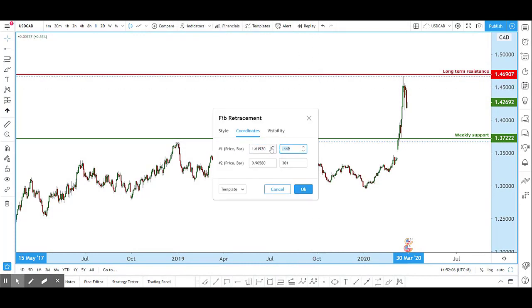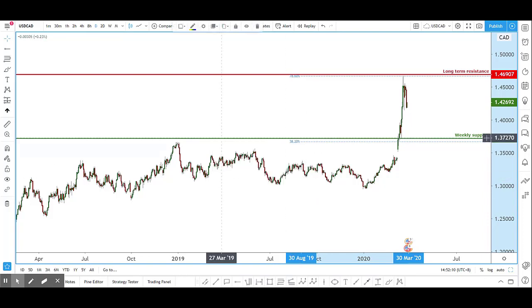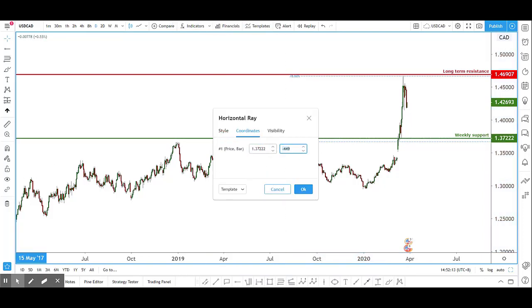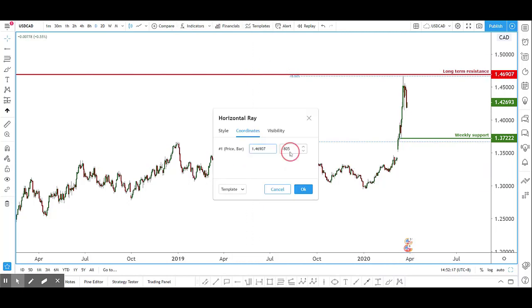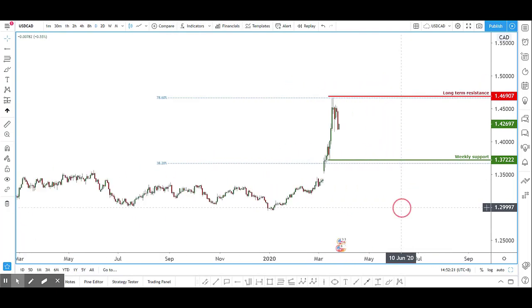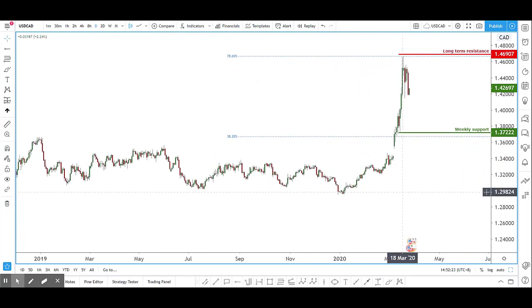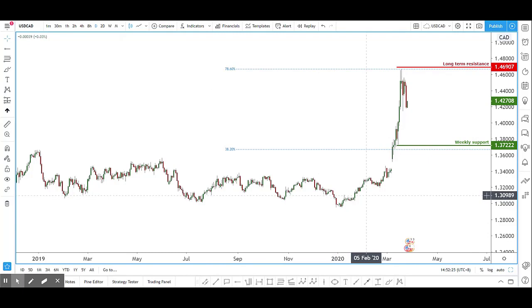And this is the long-term 78% retracement. Now we're just focusing on this area here, and we see that price sort of made a parabolic move up, a straight push up, rejected, and is now dropping down towards the weekly support.